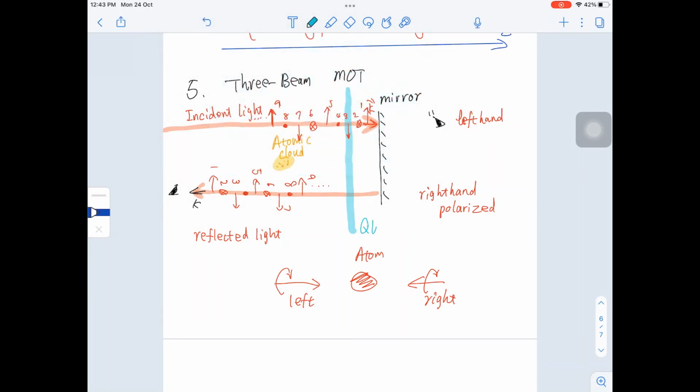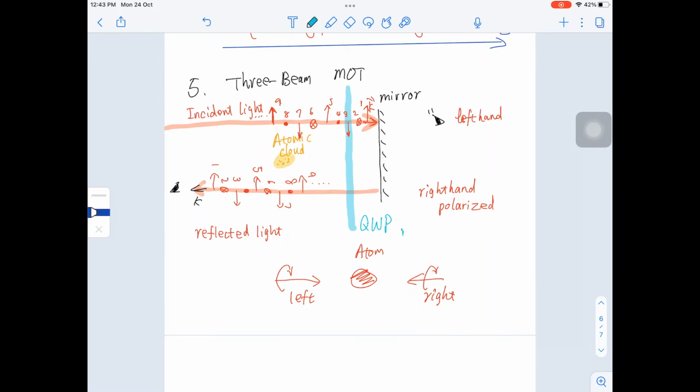And therefore, we flip the retroreflect beam by lambda over 2 combined. Then we can have left-handedness again, and therefore give us sigma plus, sigma minus configuration and form the MOT.